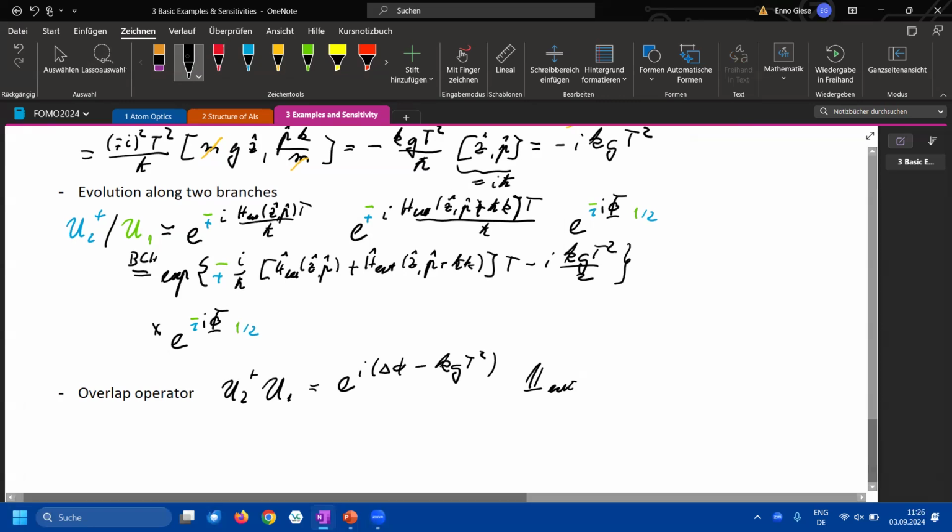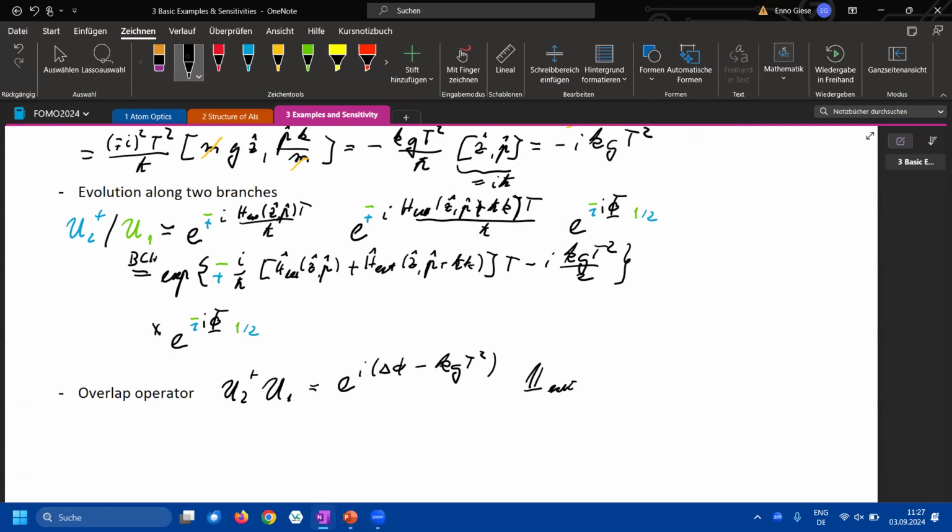With a factor of 2 because we have twice k g T squared. And that's it. And now I also say there's perfect overlap. We have perfect visibility, but we get an additional phase. And this additional phase depends on gravitational acceleration.